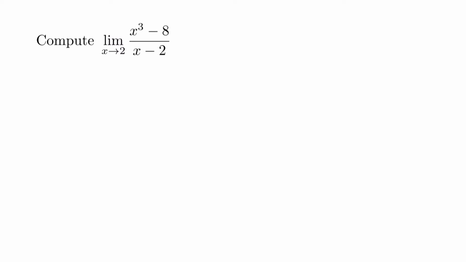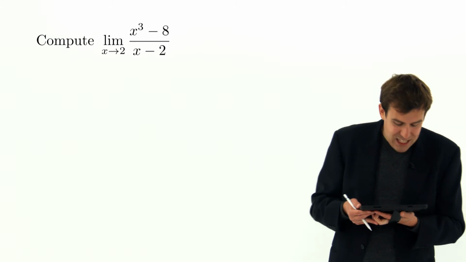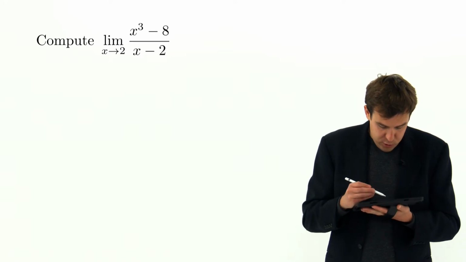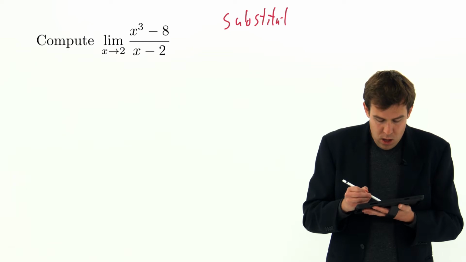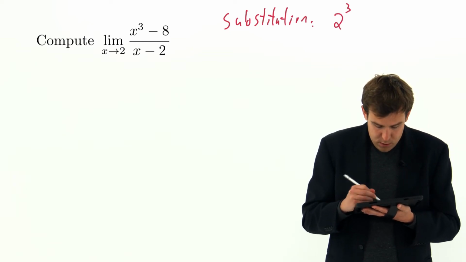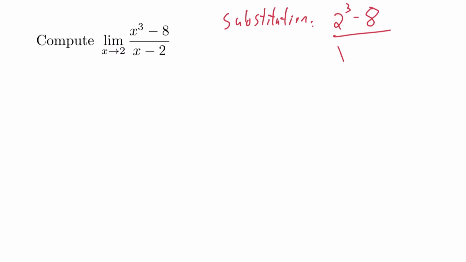So let's look at this. Limit as x goes to 2 of x to the 3 minus 8 over x minus 2. So we try substitution. And I get 2 cubed minus 8 divided by 2 minus 2.